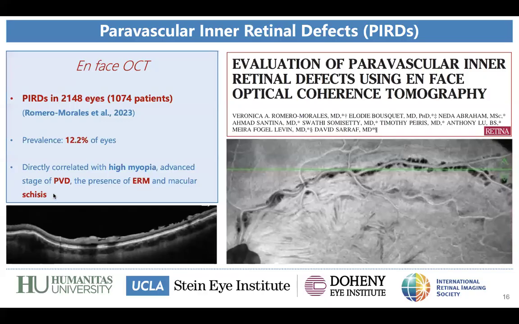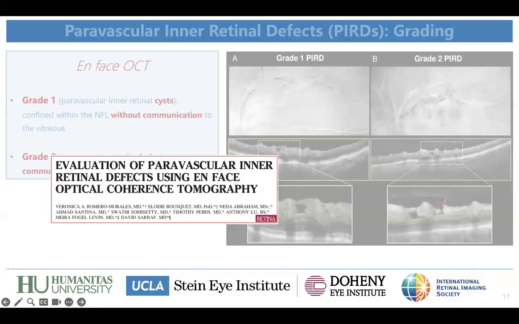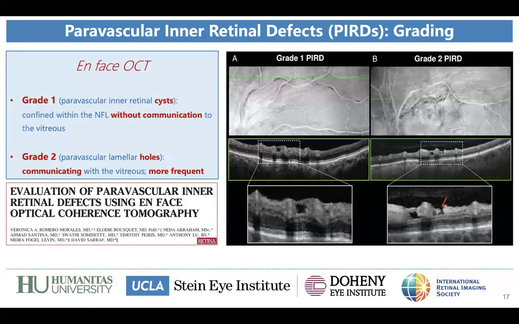Again, the authors correlated this lesion with the presence of PVD, epiretinal membrane, and macular schisis. They also created a classification of this lesion into two grades, 1 and 2, based on the absence or presence of communication with the vitreous cavity, respectively, for these nerve fiber layer defects.